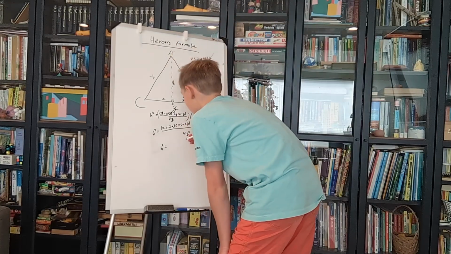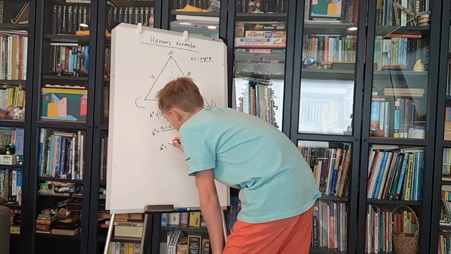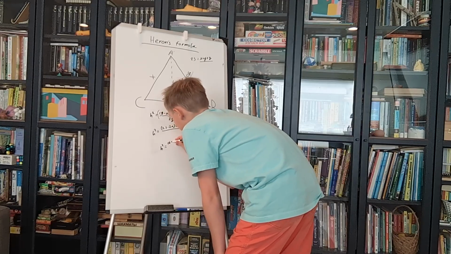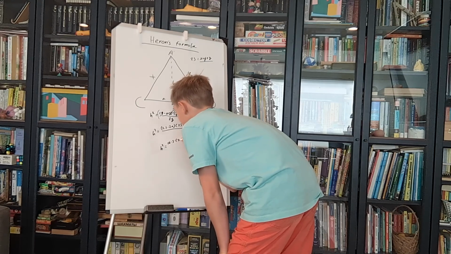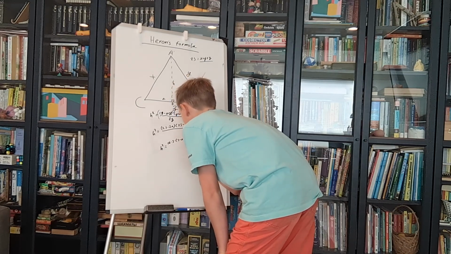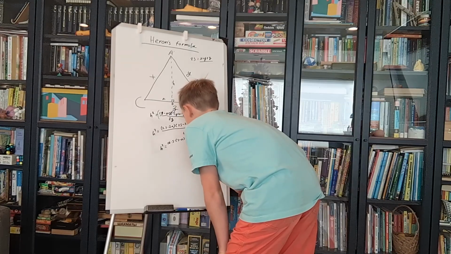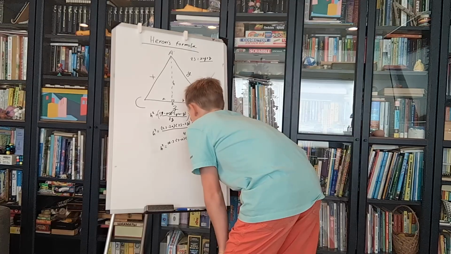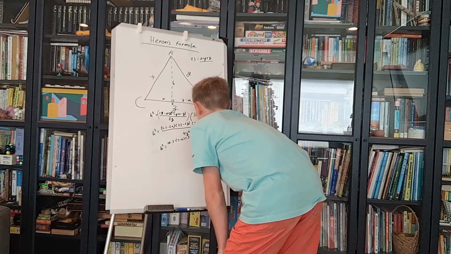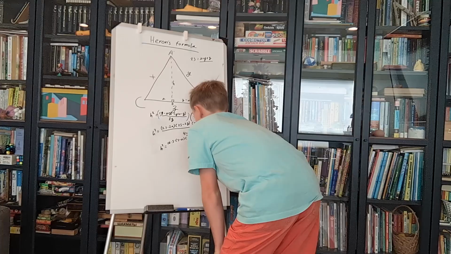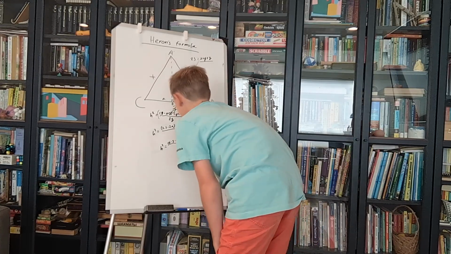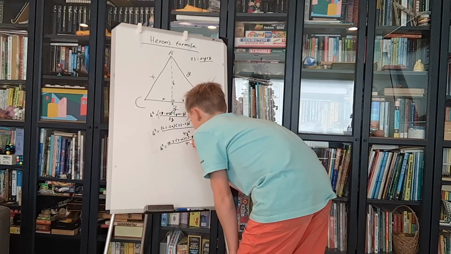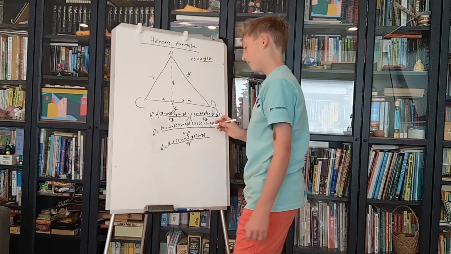So we get 2 to the 4th, which is just 16, times s times s minus x times s minus y times s minus c, and all of this is over 4z squared.